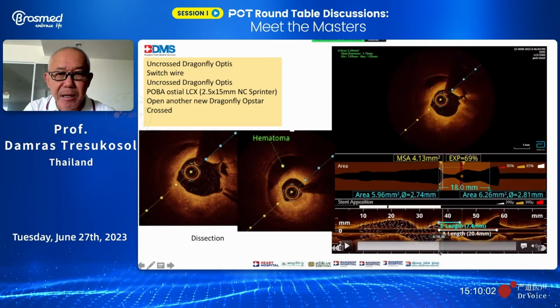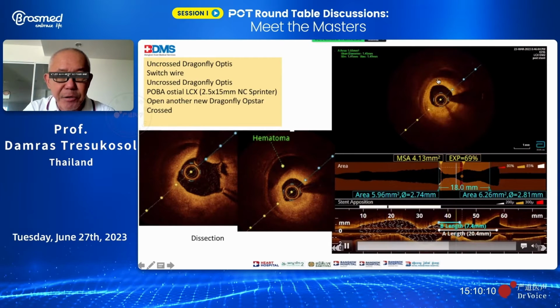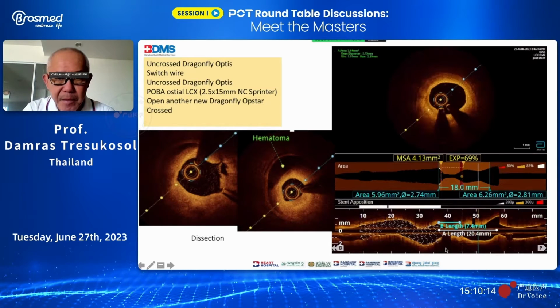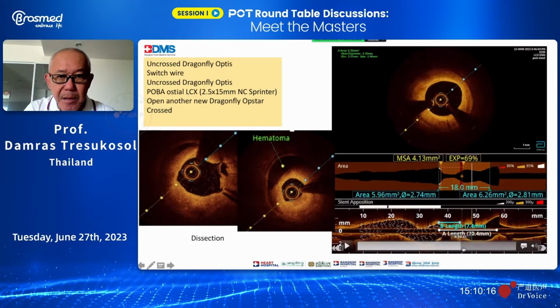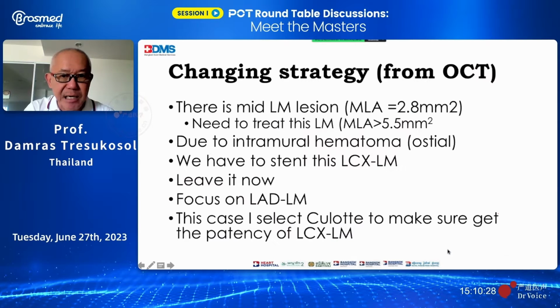You can see that at 11 o'clock on the cross-sectional view of the OCT, there is a big intramural hematoma around here at the carina. And this is the carina. This is the LAD opening at 11 o'clock. So this is the intramural hematoma just on that.